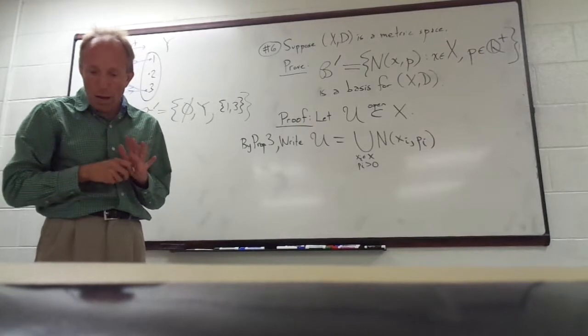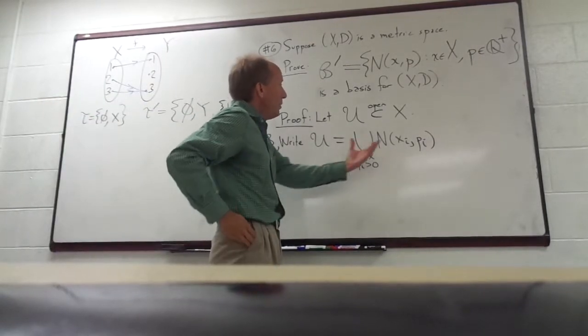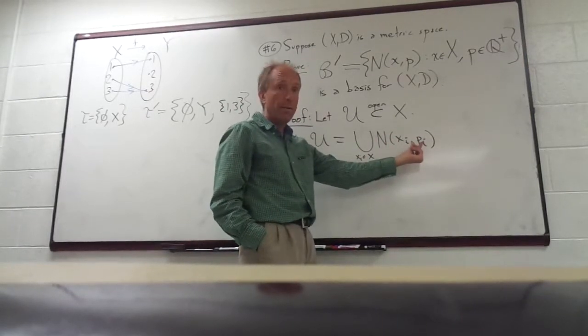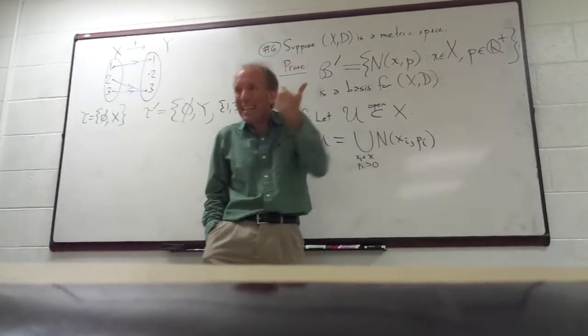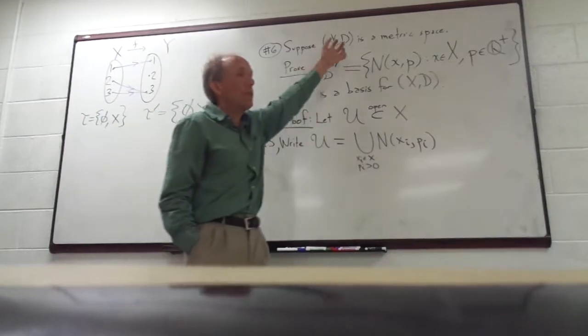Now the problem here is that if the radii we happen to have here are not rational numbers, then we have not yet expressed U as a union of things in B prime.